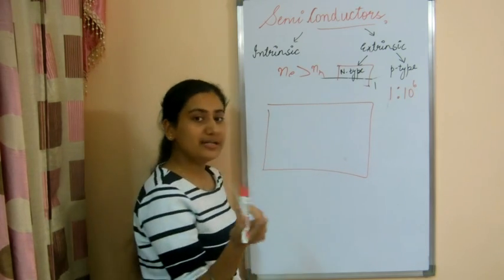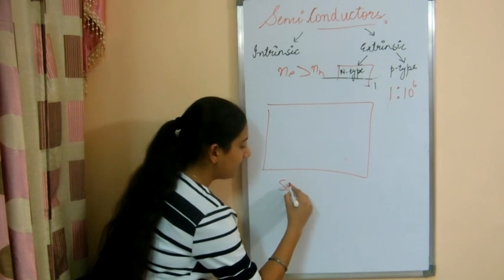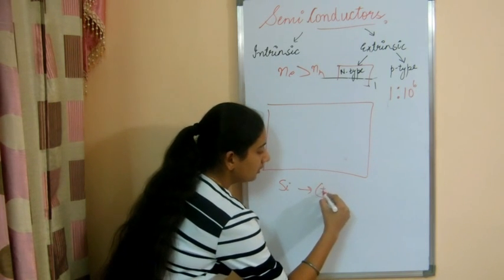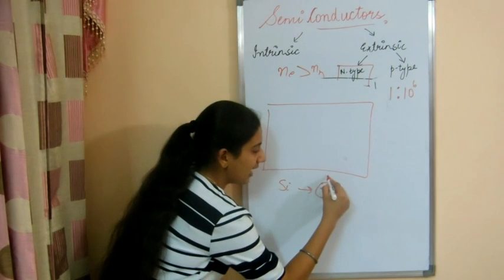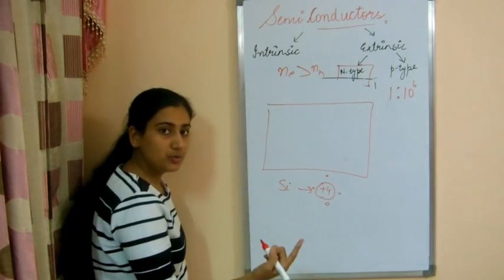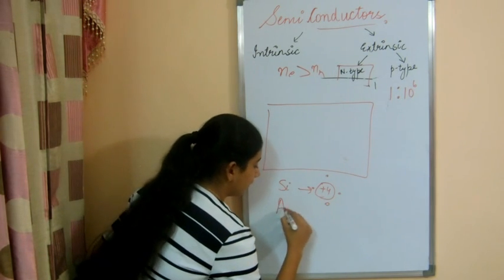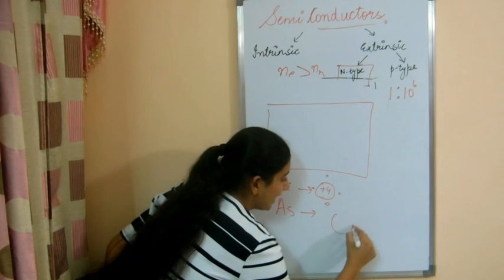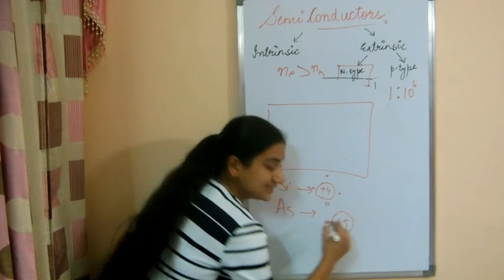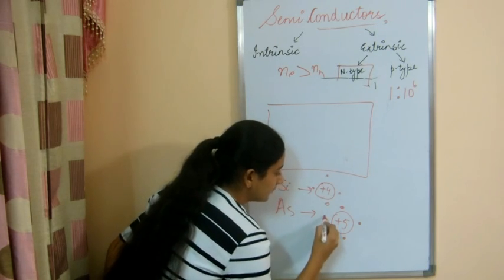But how does it differ from the silicon atom? The silicon atom has 4 protons in its nucleus and 4 valence electrons. If I introduce a pentavalent impurity, let it be arsenic, it has 5 protons in its nucleus and 5 valence electrons.